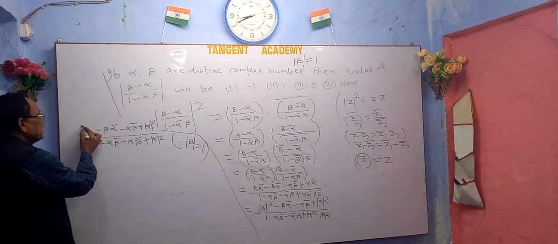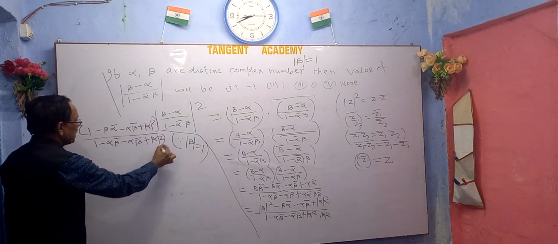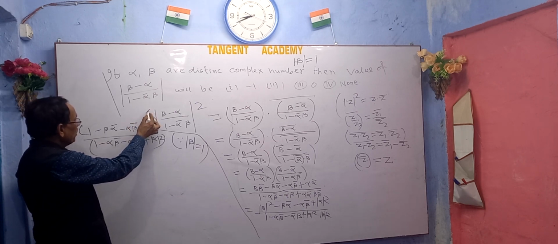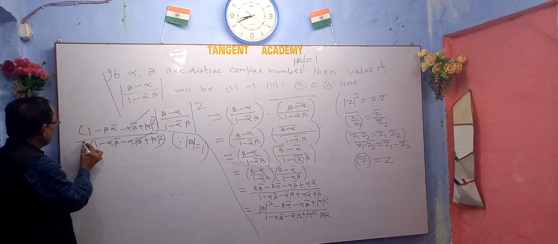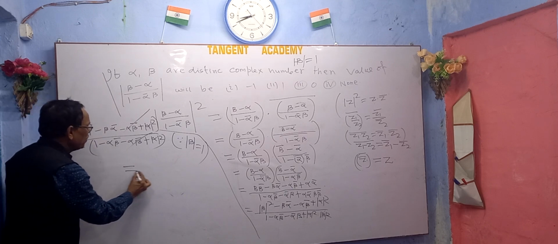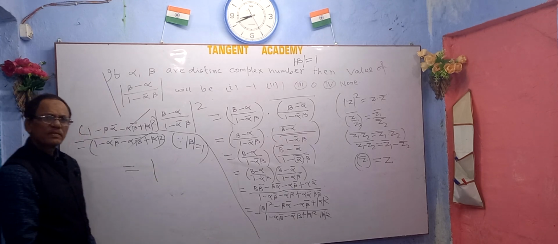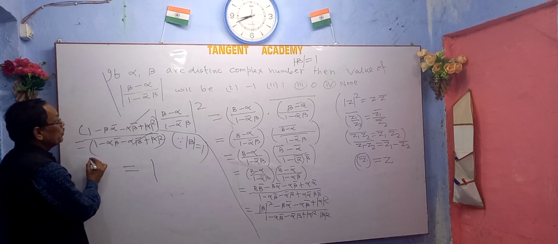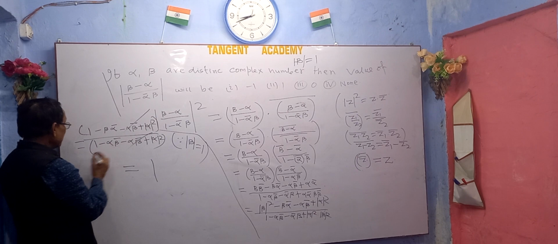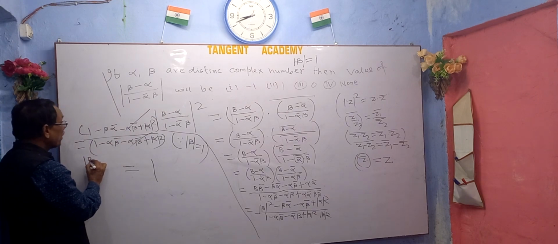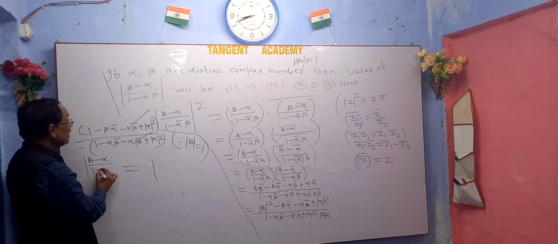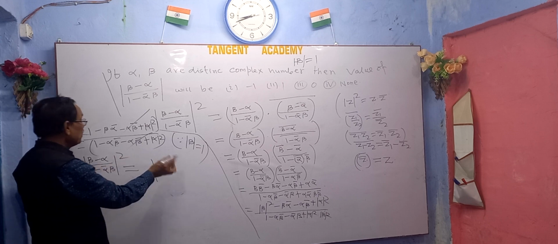Now we observe that these two expressions are the same in the numerator and denominator, so they can be cancelled out and it will give you value equal to 1. So the left hand side, modulus of (beta minus alpha) divided by (1 minus alpha bar beta) whole square, is equal to 1.